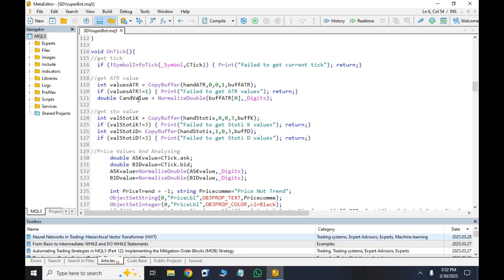it gets the candle value variable. Double candle value is the normalized value of buffer ATR 0. That means the 500 candle average value is copied to candle value.